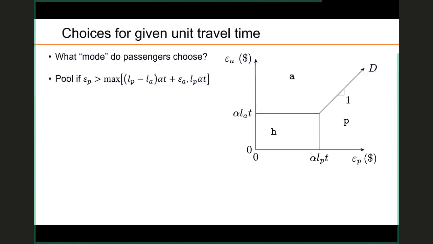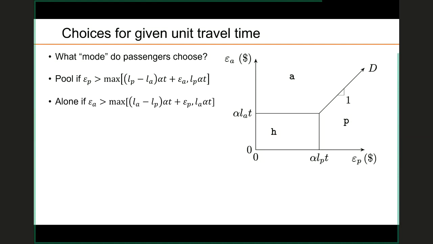If we do a little bit of algebra, subtracting from both sides, we'll see that people are going to choose pool if epsilon p, the gross benefit of taking a pool trip, exceeds this quantity on the right-hand side. People are going to choose alone, on the other hand, if epsilon a exceeds this quantity.